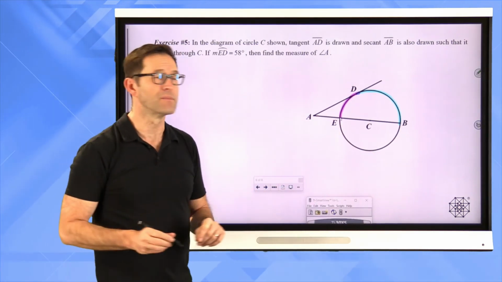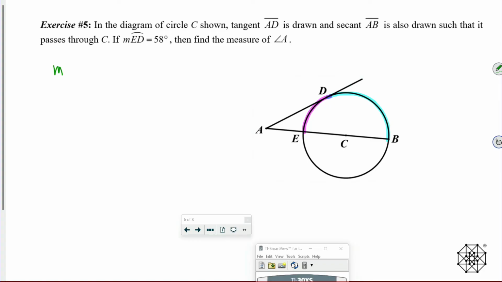So what my theorem says is that the measure of angle A, again with the green, I just can't quite seem to hit that blue button. All right, so the measure of angle A is going to be the measure of arc BD minus the measure of arc DE, divided by 2.